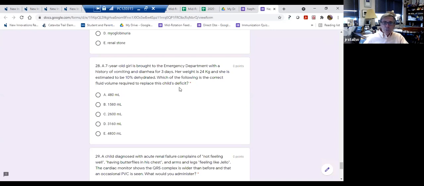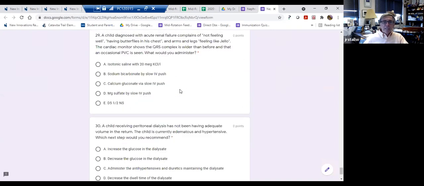29, acute renal failure, complains of not feeling well, having butterflies in the chest, arms and legs feel like jello. She's got a QRS that's wider, occasional PVC. What would you administer? Well, what are you going to give this child? Then you have to look at it and say, okay, now wait a minute. What are the symptoms reflecting? And a prolonged QRS, you know that's hyperkalemia.